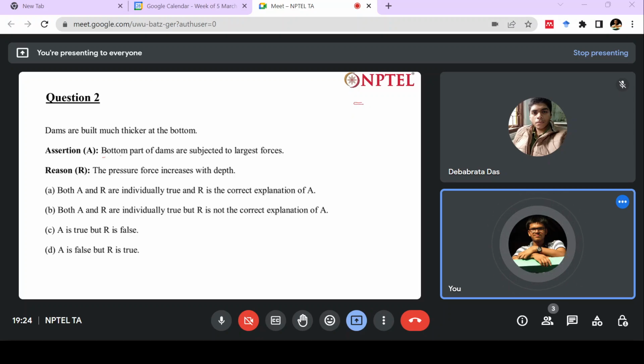Generally there is a comparatively much narrower portion at the top, and at the bottom it is much larger. It is holding water on this side, and on the other side there is some land area. Most dam sites have this kind of construction, and where the opening is, there is a gate at the bottom.